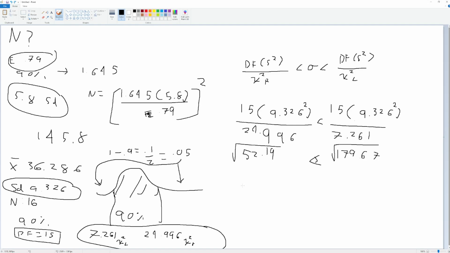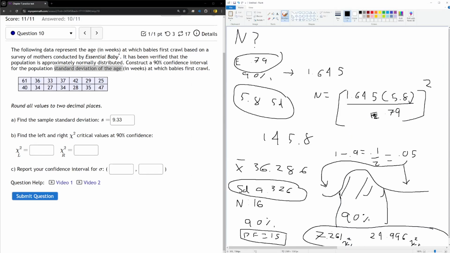So the square root of this one would be 7.224. Square root of this is 13.404. Alright, let's plug it in.